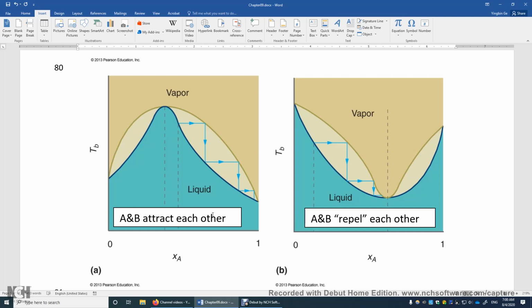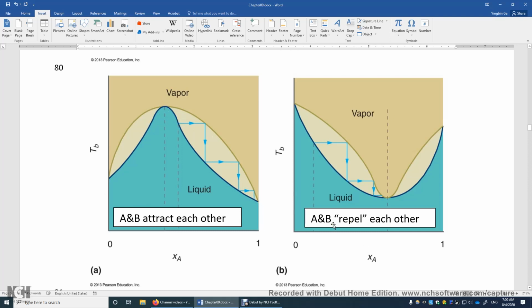It stabilizes the liquid phase, and that makes the boiling point higher. So this is the boiling point of the mixture, higher than the boiling point of B, higher than the boiling point of A. All right, higher boiling point because the liquid phase is stabilized.